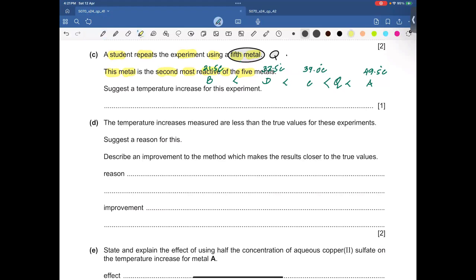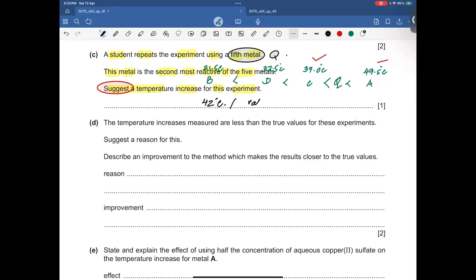Okay. What can I suggest the temperature increase for this experiment? The examiner is looking for a value actually. So this value should be greater than 39.0 and lower than 49.5. So you can suggest or you can write any value. Let's suppose I'm going to write 42 degrees Celsius, okay?